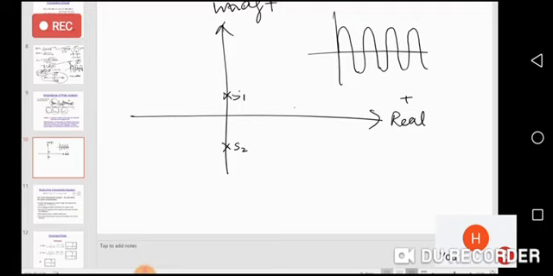ठीक है. अच्छा, अगर तो मैं ये कहूँ कि भाई ये poles यहाँ पर नहीं है, imaginary axis पे नहीं है. They are not on the imaginary axis.